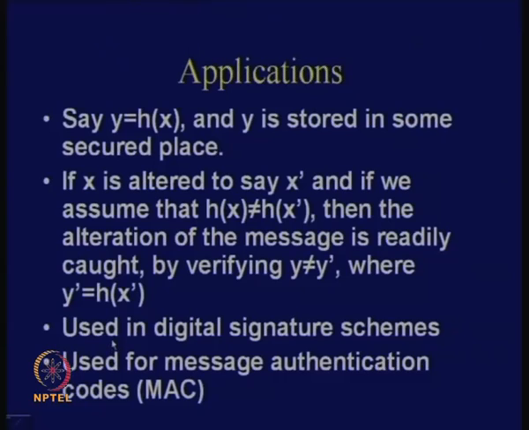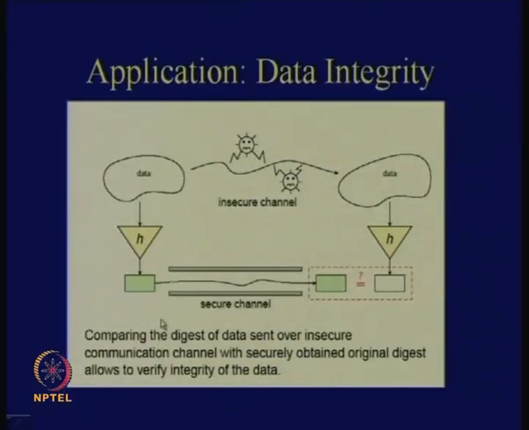Here one thing has to be kept in mind: the output of the function h, in this pictorial representation, has to be transferred through a secured channel. The data is being transferred through an insecure channel, somebody modifies it, and then the verifier computes the h value and checks whether it is equal to the secret value.